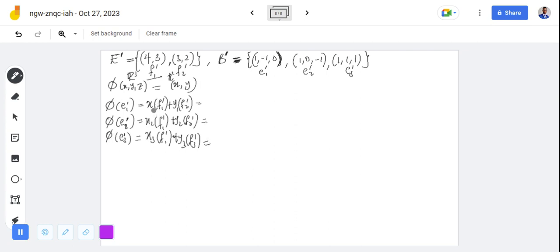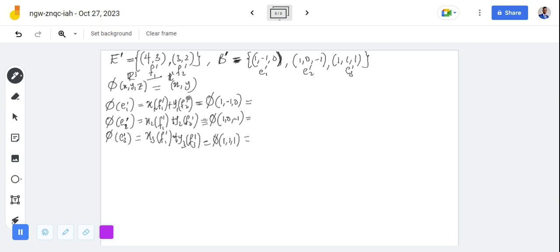So now what is my x? I don't know, but I know my e1 prime. So now let's write our E1 prime. E1 prime is this first basis given to us here, and that's 1, minus 1, 0. Right? The second one, what's my E2 prime? 1, 0, minus 1. What's my E3 prime? 1, 1, 1. Right?